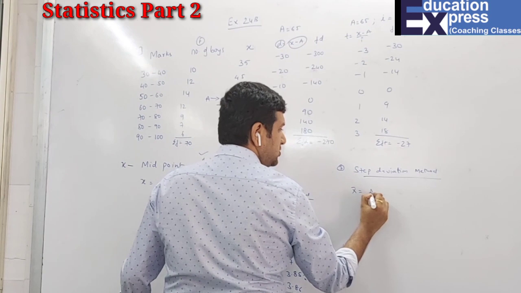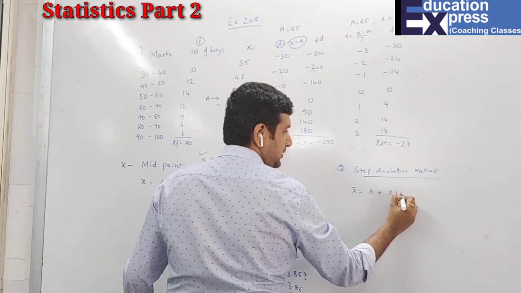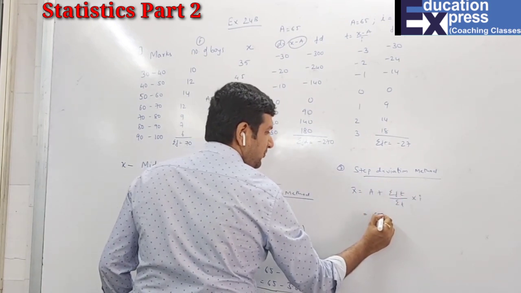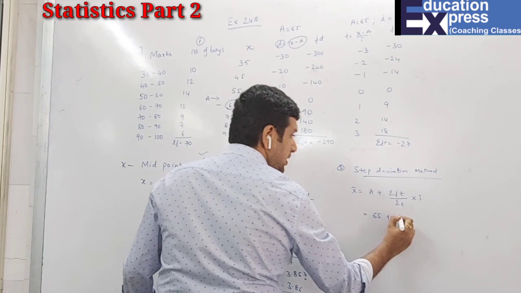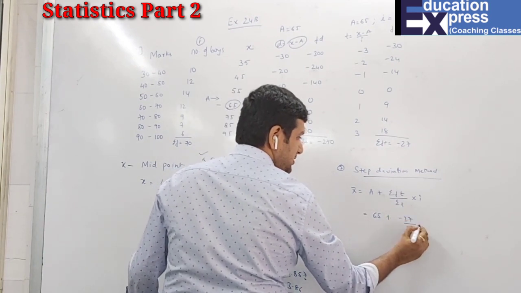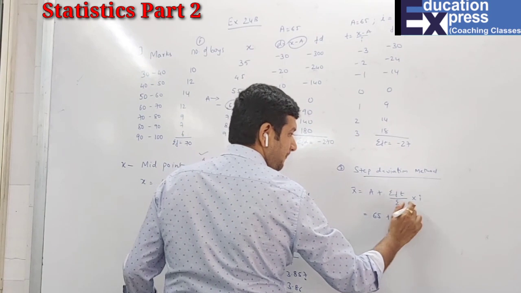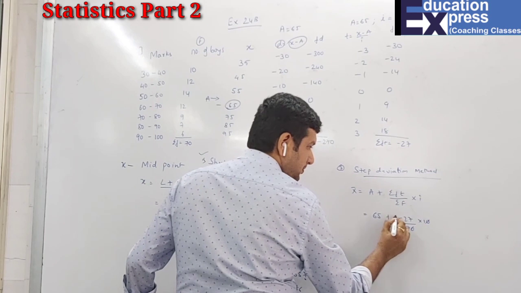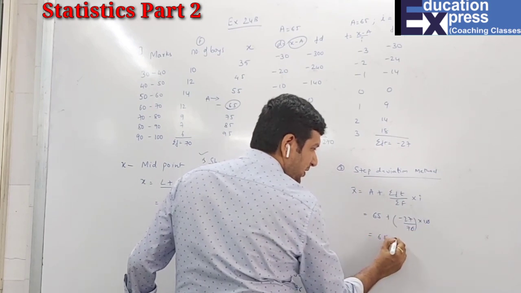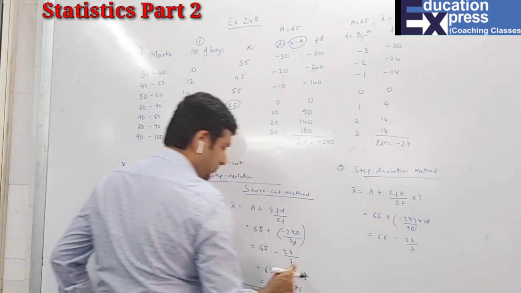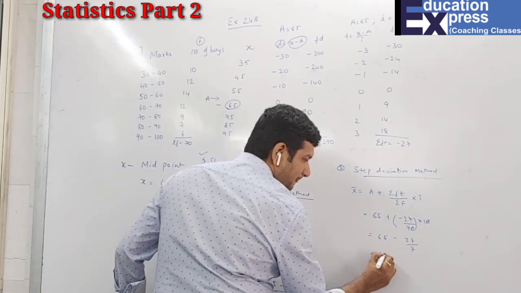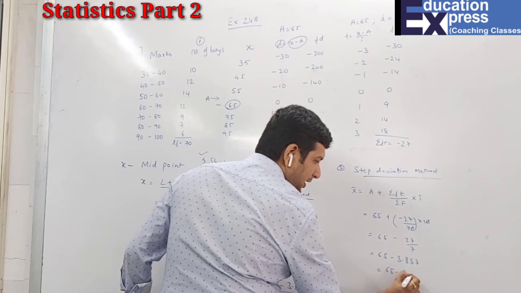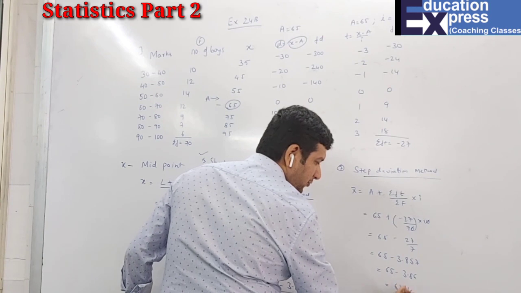X bar is assumed mean plus sigma ft upon sigma f into I. What is assumed? 65 plus sigma ft is minus 27 upon sigma f, this is 70, into your I is 10. 65 plus into minus, again 27 upon 7, which we got as 3.857. 65 minus 3.86, 61.14 is your X bar.